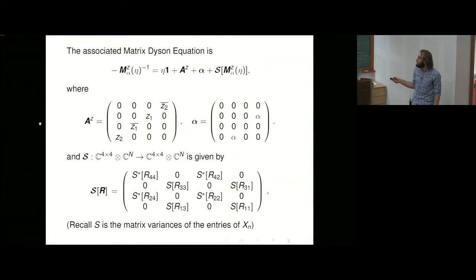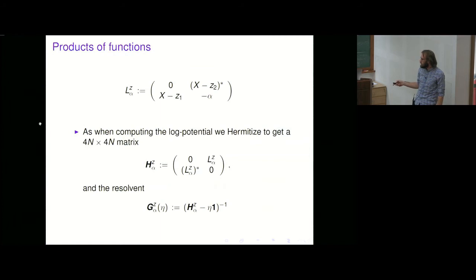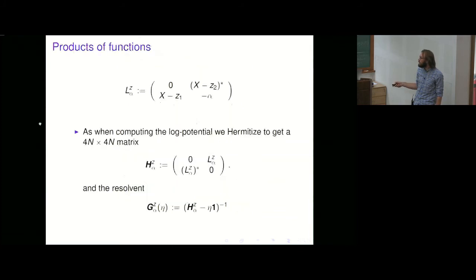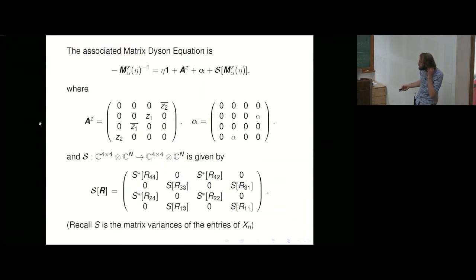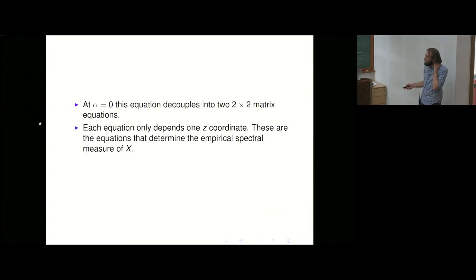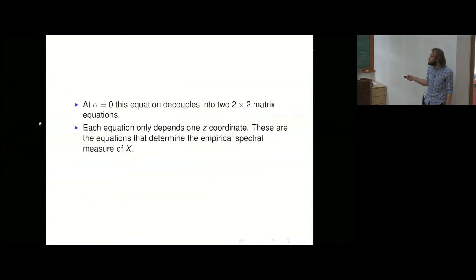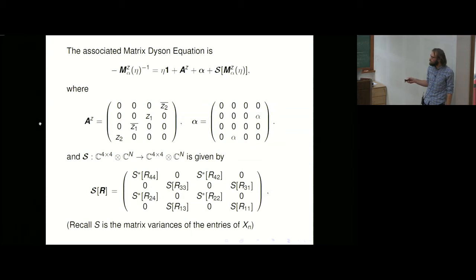So this is the equation that's going to be satisfied by this resolvent. I solve this equation, set alpha equal to 0, and then I can read off the corresponding entry. What's very nice about this equation is that if I take alpha equal to 0 in the previous equation, then this system of 4n by 4n matrices decouples into two 2n by 2n equations. Each one of these equations only depends on one of the z coordinates, either z2 or z1.